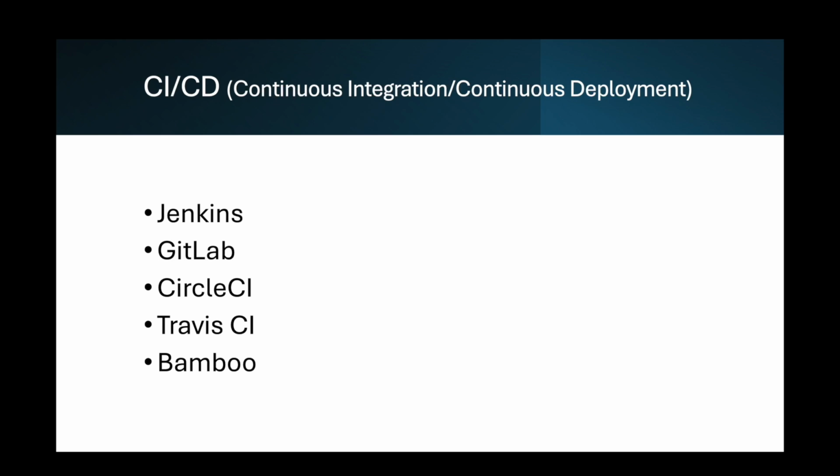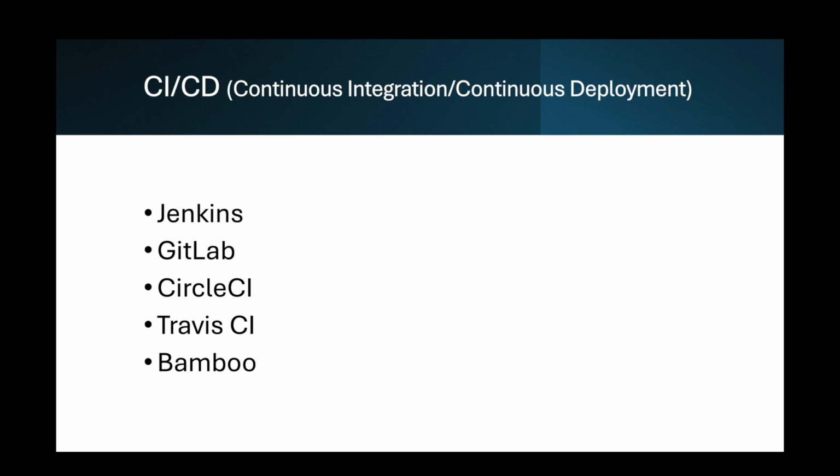CI involves the automatic integration of code changes from multiple contributors into a shared repository where they are automatically built and tested. CD extends this by automating the deployment of applications to the production or staging environments.